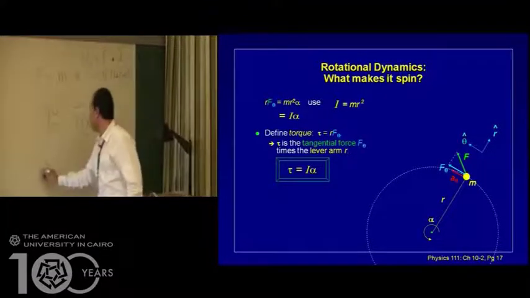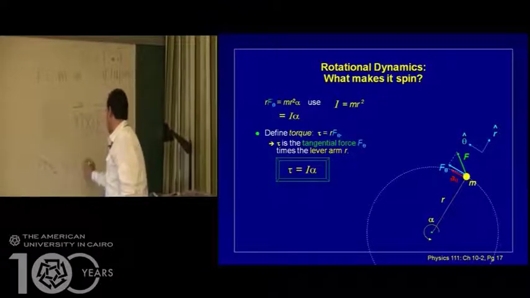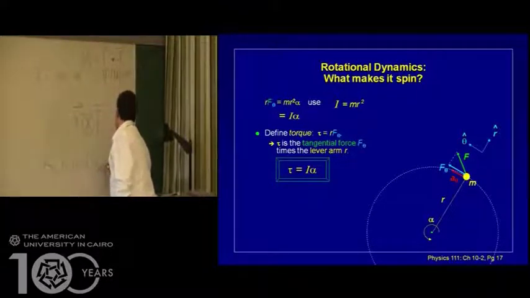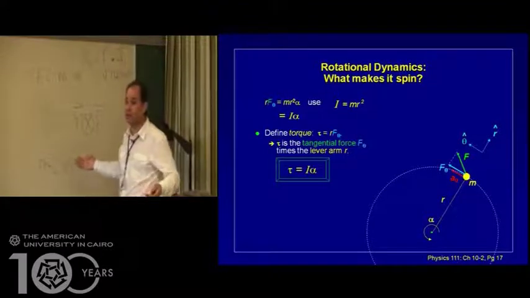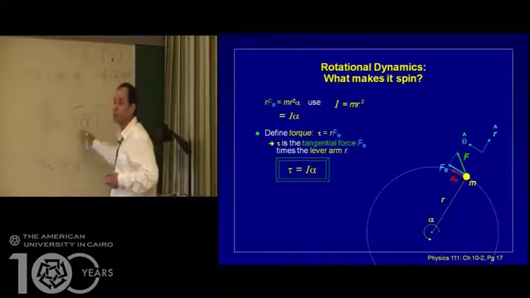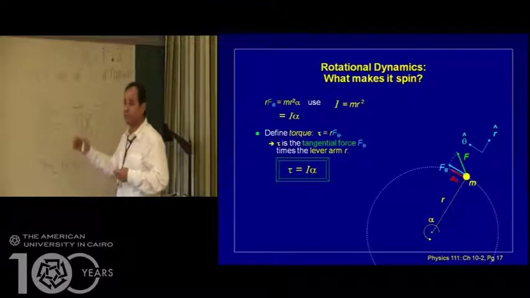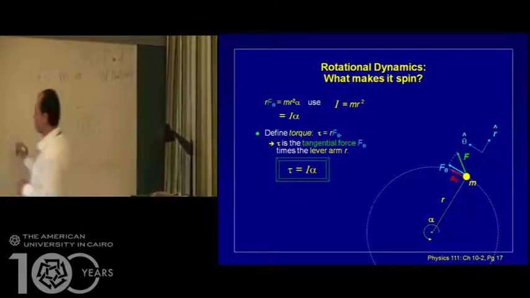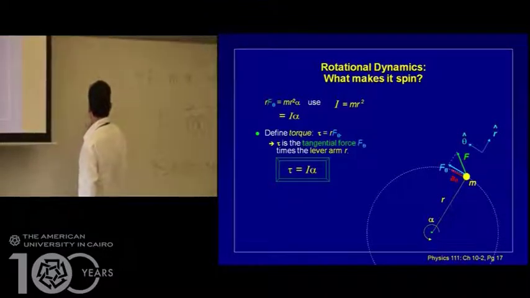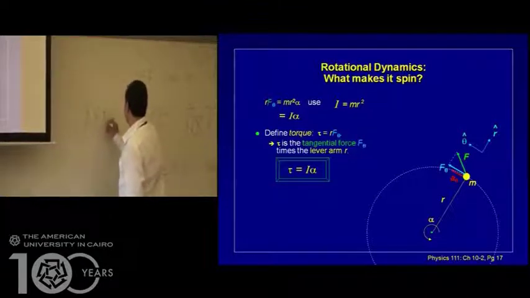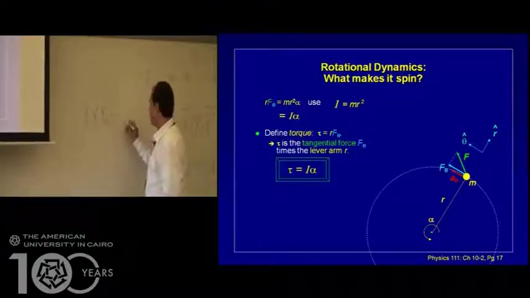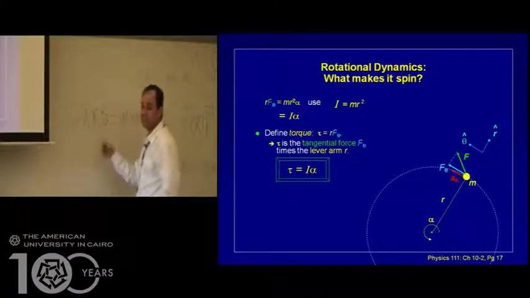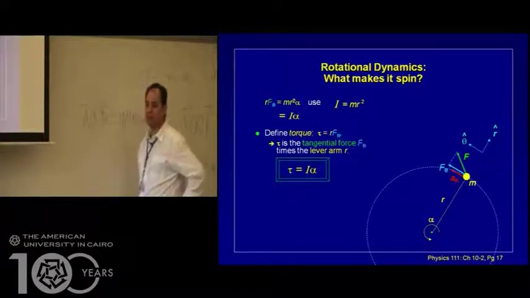Now the torque, it's R times F times sine the angle between them. So simply we can now learn that the cross product between any two vectors is the magnitude of vector number 1 times the magnitude of vector number 2 times sine the angle between them. Or in other words, vector A cross vector B is the magnitude of A times the magnitude of B times sine the angle between them. And the resultant of this cross product is a vector.